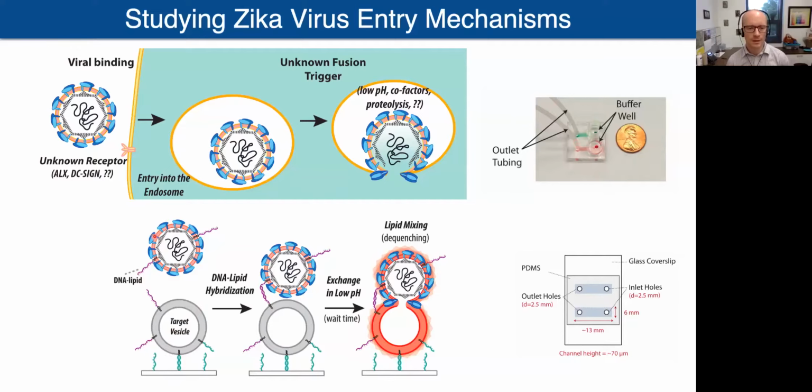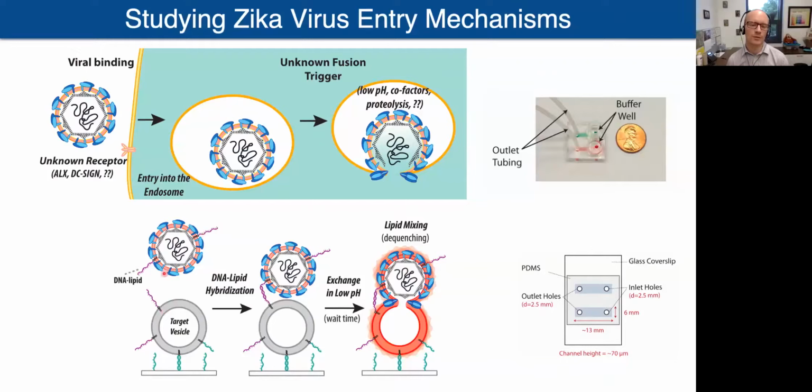The virus itself, we fluorescently label with a dye that goes into the viral membrane. Then we basically just need to get the virus to bind to this target membrane, flow in low pH, and see if we can observe fusion, which could occur between the virus and the target. Now, of course, the problem is that we don't know what the receptor of the virus is. So how are we going to get it to bind?